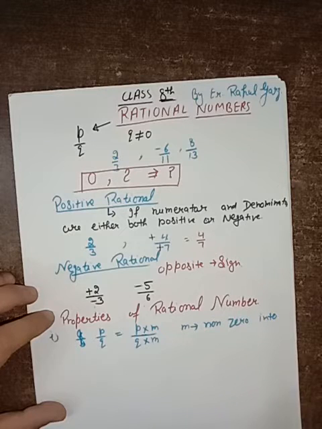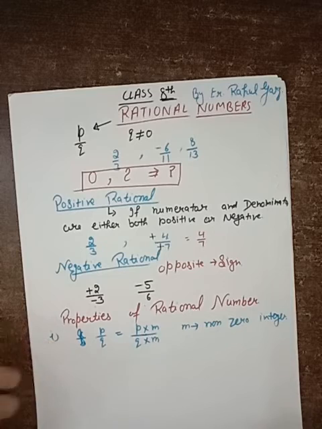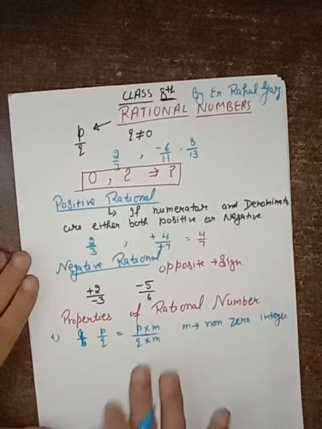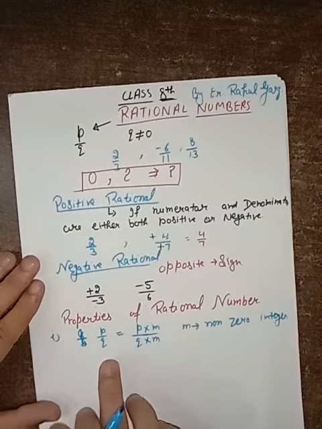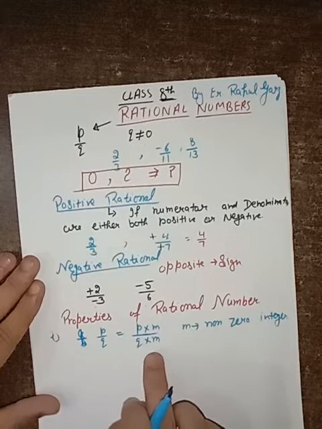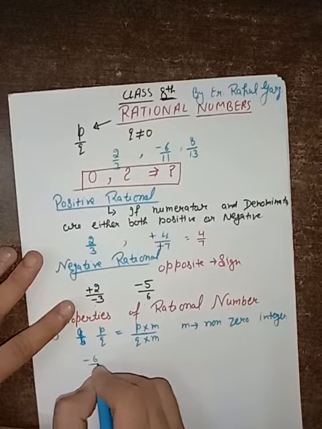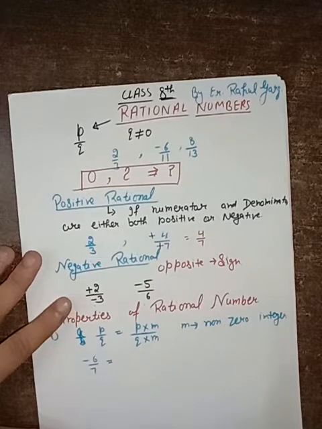It should not be 0. Then p by q can be written as p into m divided by q into m. Example, -6 divided by 7.